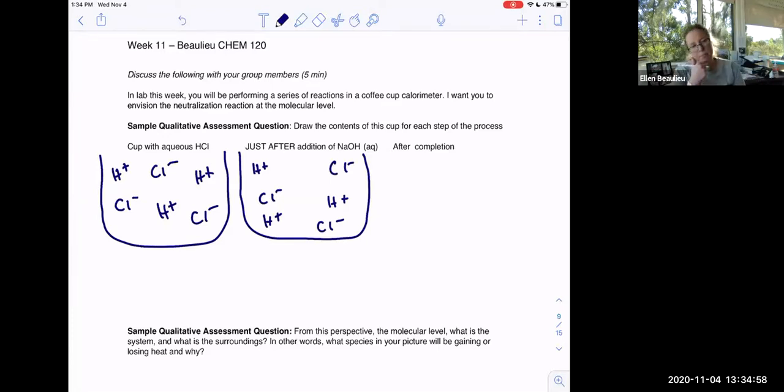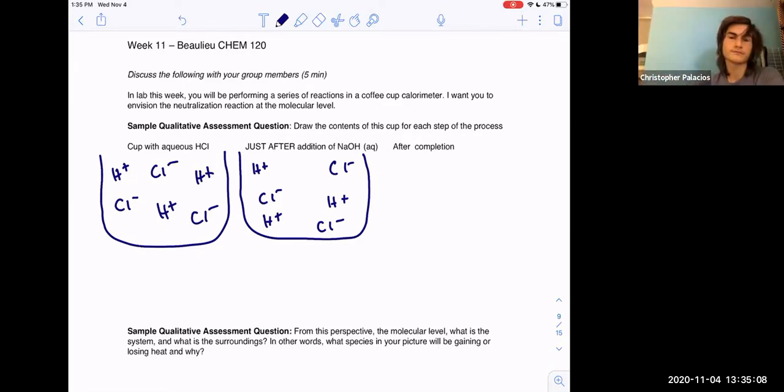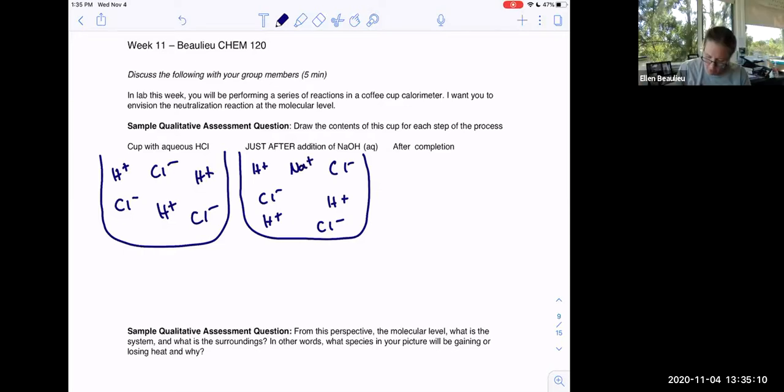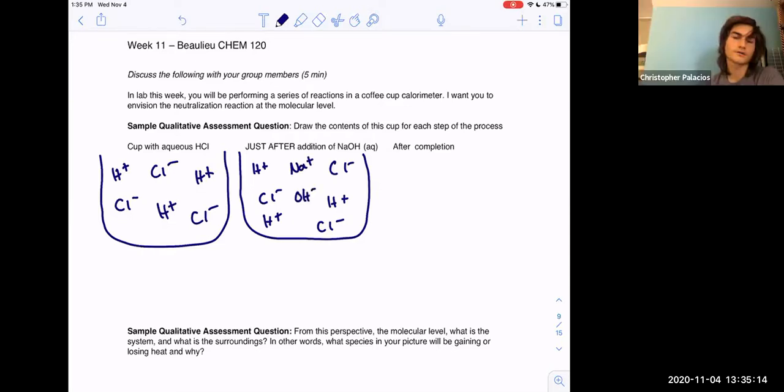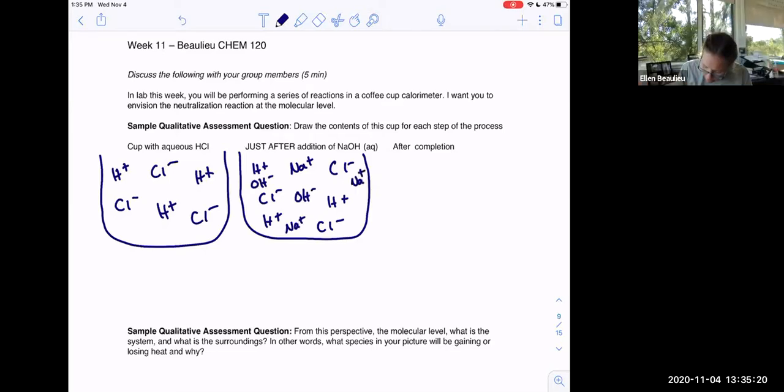What else do I get? I'm going to add sodium hydroxide. More ions. I get some sodium ions and what? Some hydroxide ions. These are all the reaction ions that are in the mix on my reactant side.